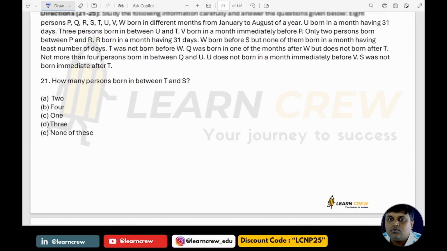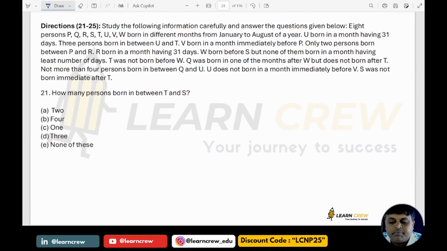Now we have one more puzzle here. If you can observe what is given, 8 persons P, Q, R, S, T, U, V, W are born in different months from January to August of a year. U was born in a month having 31 days.